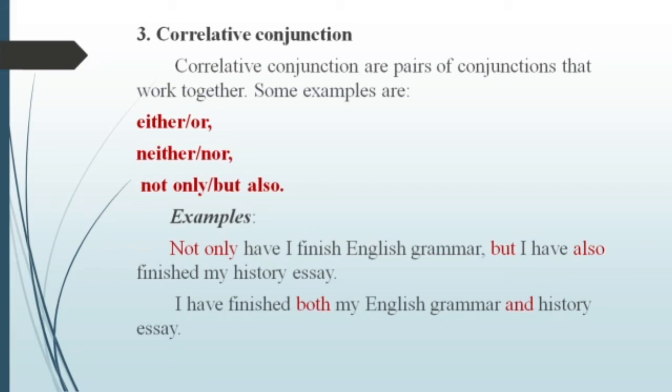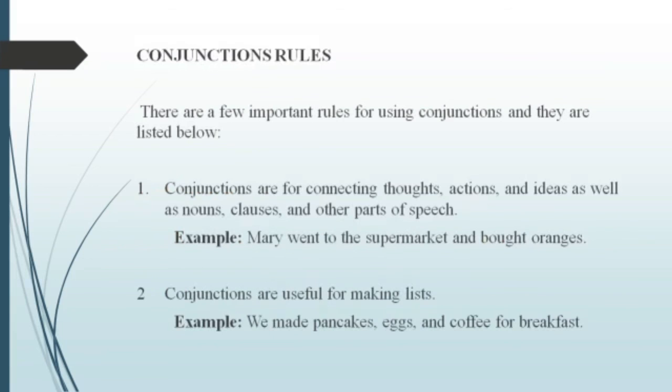When your sentence has neither, definitely you need to have a nor. Those kinds of conjunctions are called correlative conjunctions. If we have not only, definitely the other part of the sentence will have the words but also. So these are all called correlative conjunctions. So there are just three that we need to know, and quite an easy chapter.